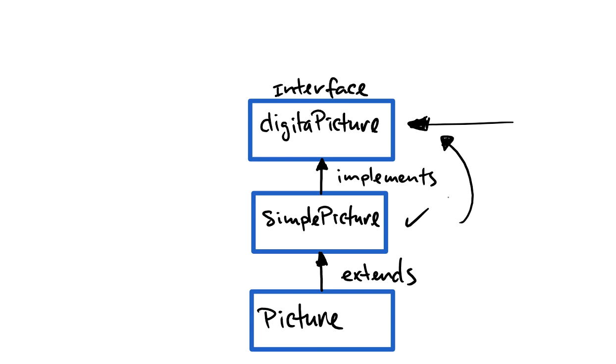But because of inheritance, the picture class extended the simple picture class. So we know that the picture class contained all of the methods that were spelled out in the simple picture class, and because the simple picture class implemented the digital picture interface, it has all of the methods required in the digital picture interface as well. So both simple picture and the picture class fully realize the methods called for in the digital picture interface.